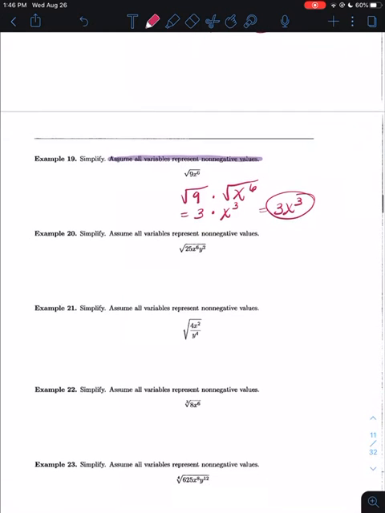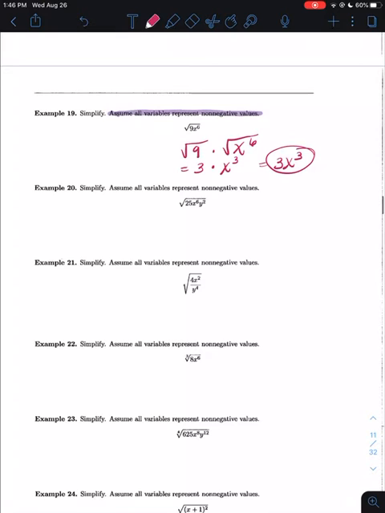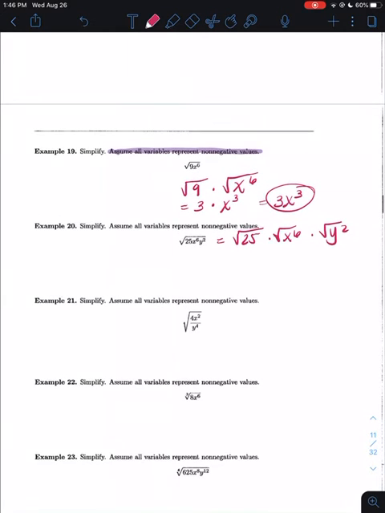All right, so now let's look at some ones that have multiple variables. It's the same. So here I'm going to do the square root of 25 times the square root of x to the 6 times the square root of y squared. And I mean, you really don't have to write it separately like that, but I want you to see exactly what I'm doing. I'm taking the coefficient and both variables, and I'm separating.